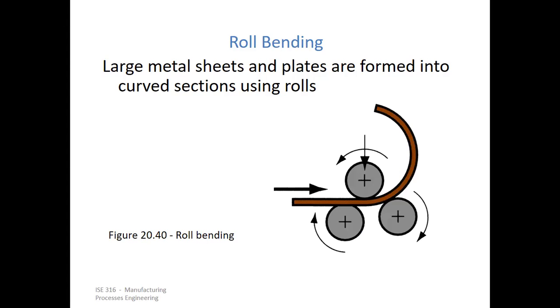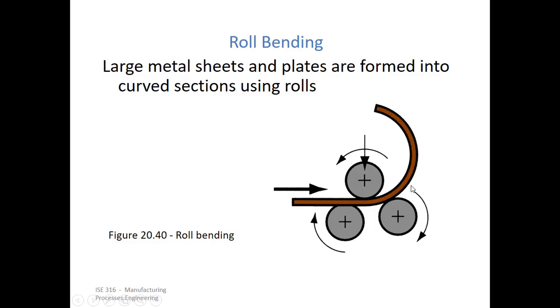As we are seeing here, these are all rolls. They're rotating, and this rotation causes the sheet to move because of the friction. The rolls are exerting force on these sheets, and it also makes that sheet go outside once it is formed.